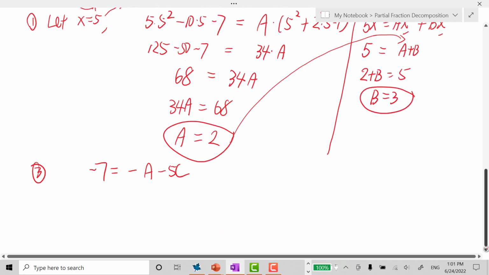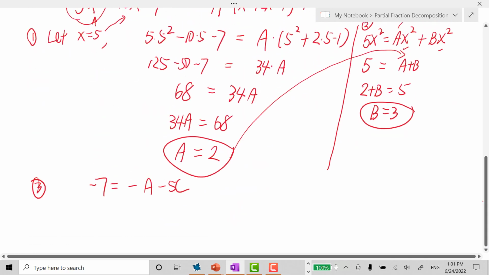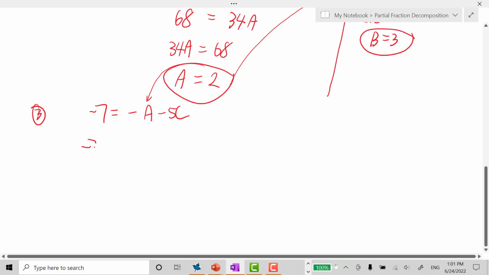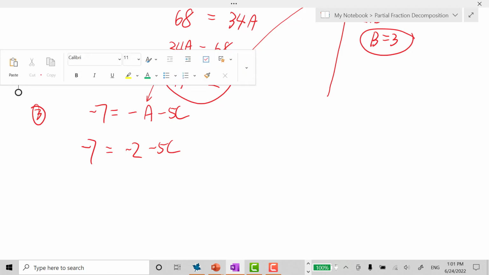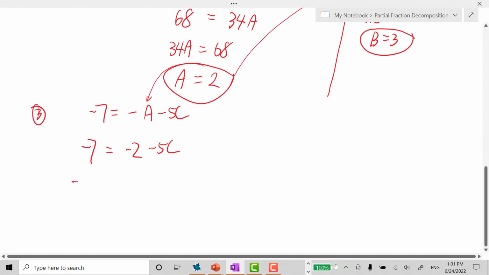Now, a is 2, so minus 7 equals minus 2 minus 5c. Adding 2 to both sides, we simplify this expression, and minus 5 equals minus 5c. Now dividing both sides by minus 5.